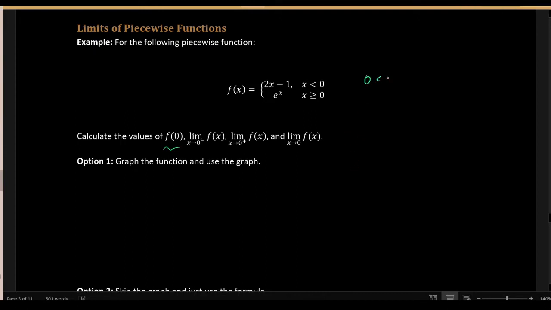Well, if x is equal to 0, then the first inequality is false, because 0 is not strictly less than itself. However, 0 is greater than or equal to itself. That's true. And therefore, if I wanted to find f of 0, I would plug 0 into the second formula.